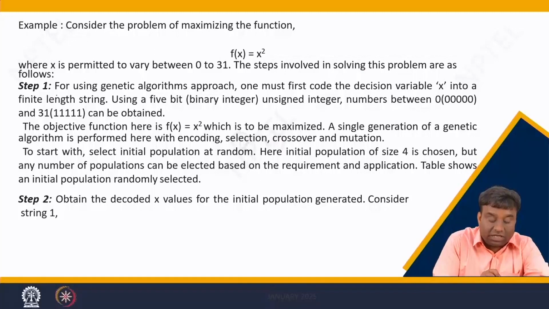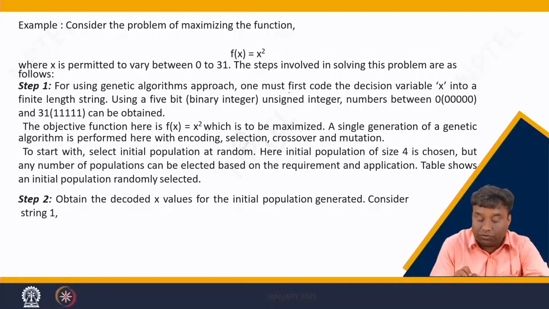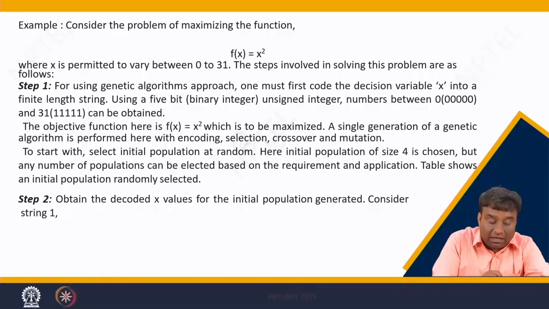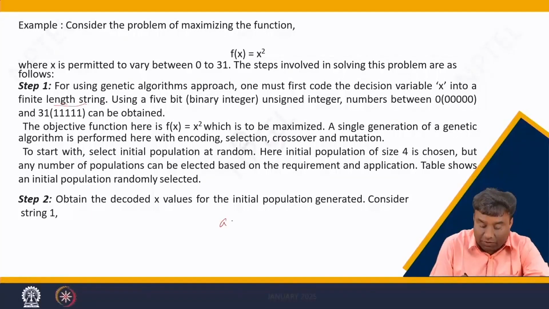Step 1: for using the genetic algorithm approach, one must first code the decision variable x into a finite length of string. So we need to find the length of the string. Here you know the formula: a equal to 0, b equal to 31, and here we took epsilon as equal to 1.